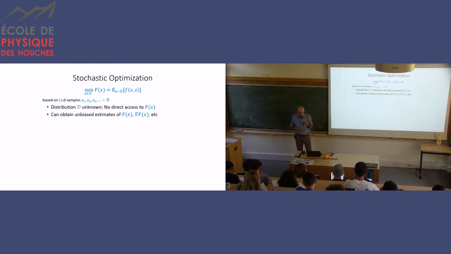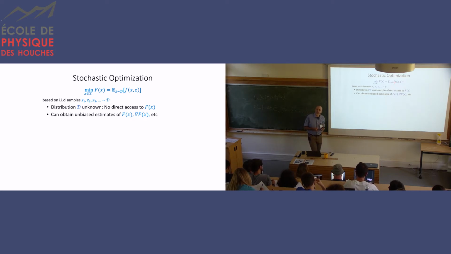The type of problem we're solving here is a stochastic optimization problem, where we have an objective, which is an expectation with respect to an unknown distribution, and we want to minimize this expectation. So our optimization objective is some function f of x, which is an expectation with respect to some latent z of some known function f of x and z.